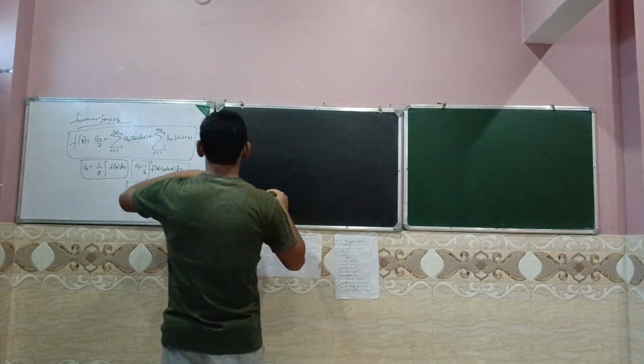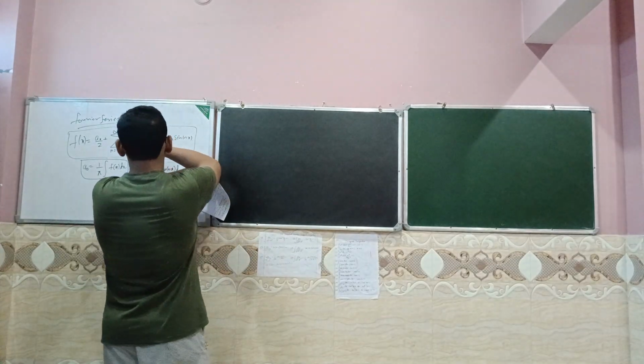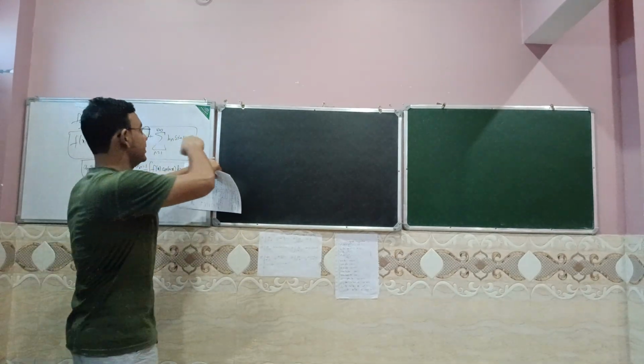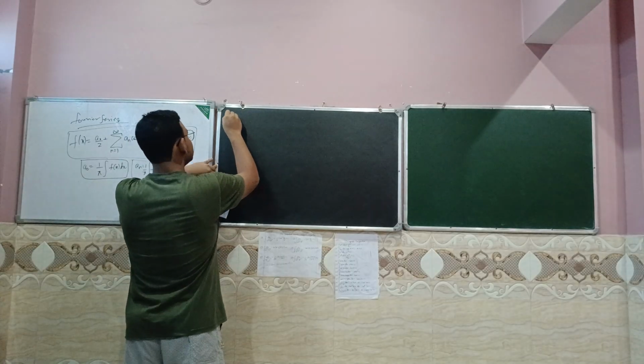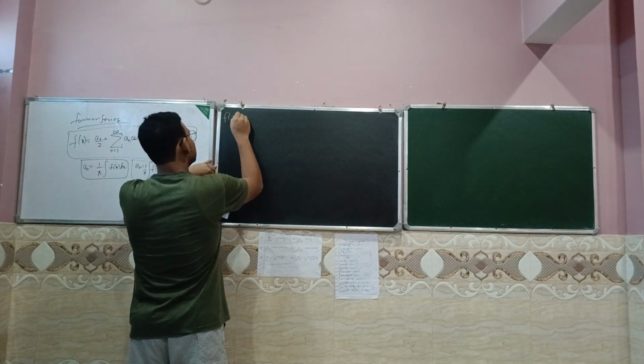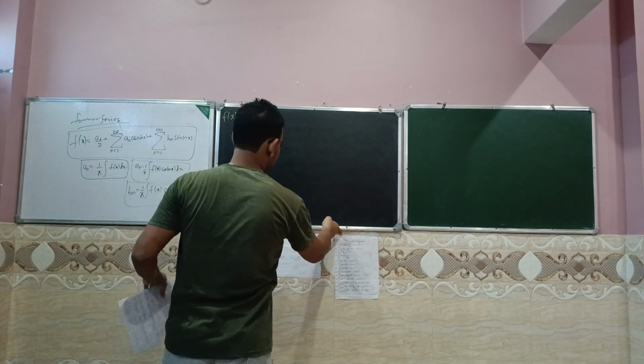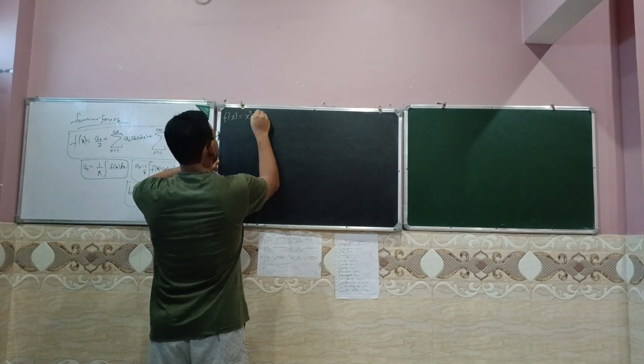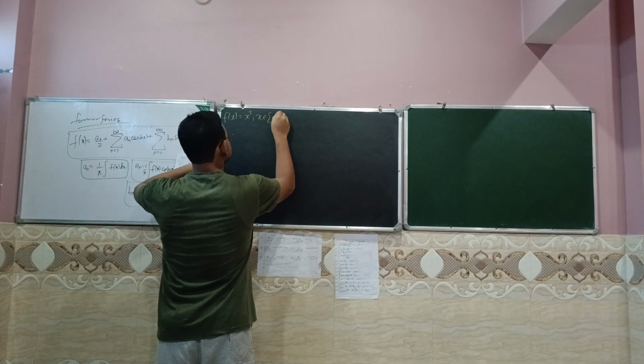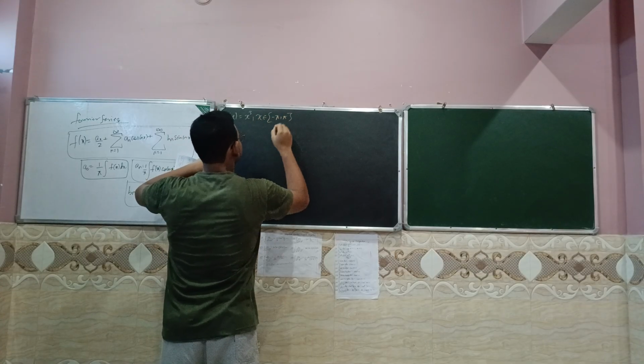Now, for the Fourier series of f of x equals x cubed, the bounds are x belonging to negative pi to pi.